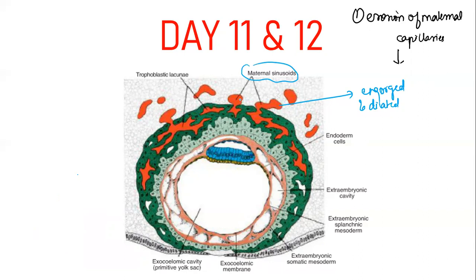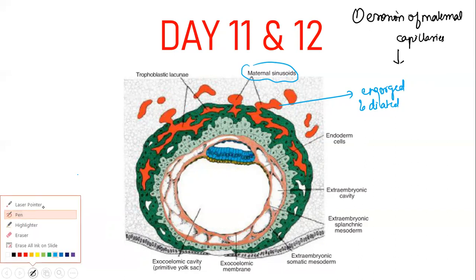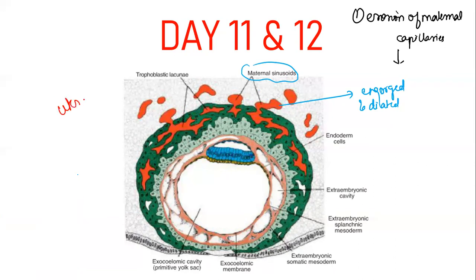So what happens? All these sinusoids communicate with the trophoblastic lacunae, thus establishing a very important thing: the uteroplacental circulation.